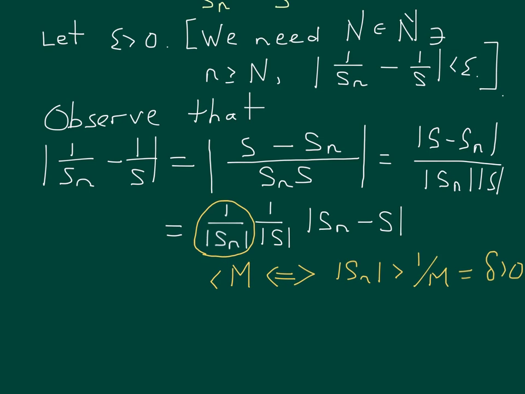Okay, so the question is, can we in fact bound this part by a number M? If we can, I think that we can probably make this entire quotient small.